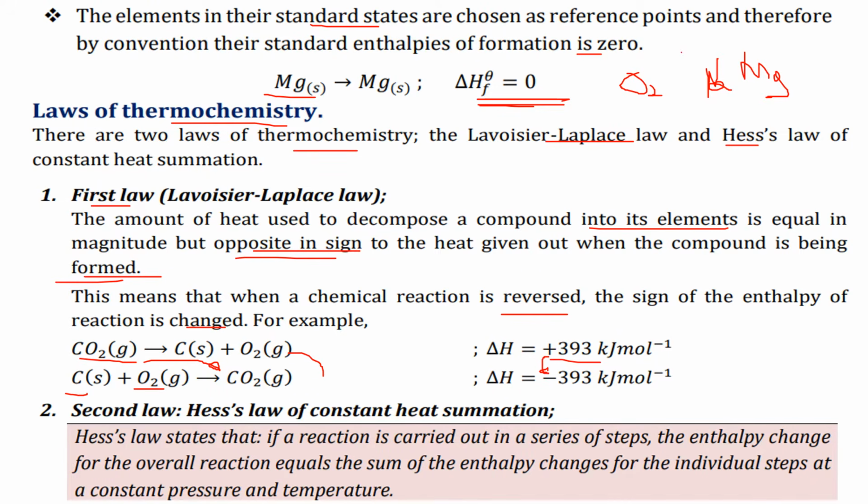So the takeaway here is that whenever you reverse a reaction in thermochemistry, the sign on the energy value has to change. If it was positive, it turns negative. If it was negative, it turns positive.